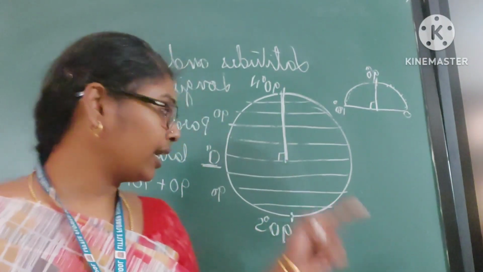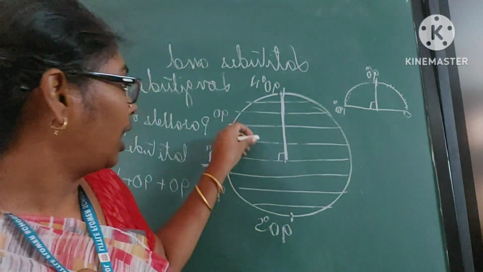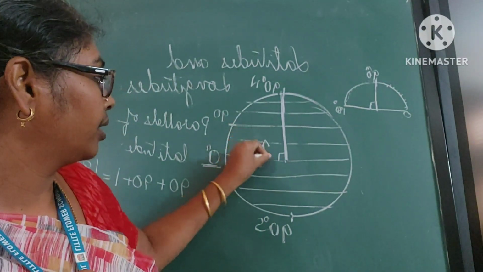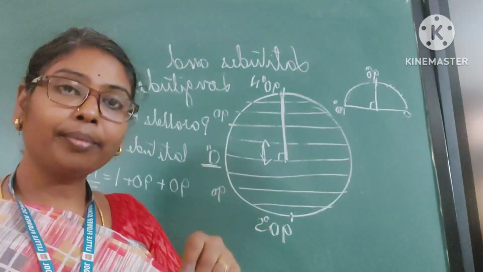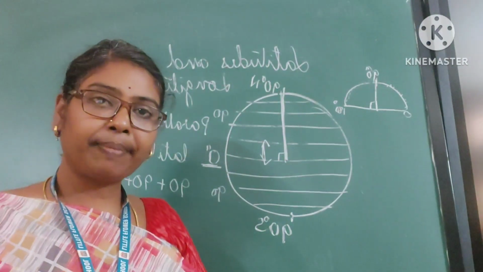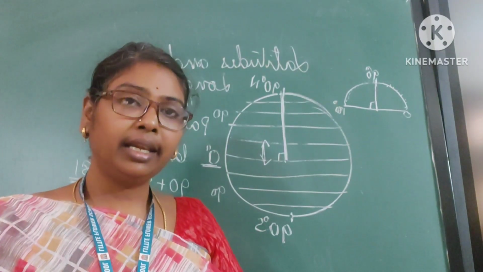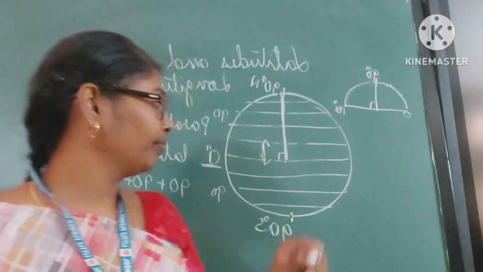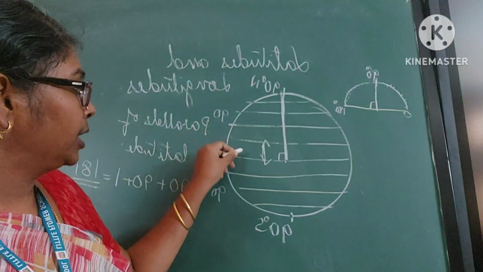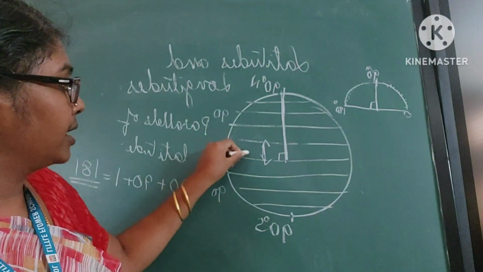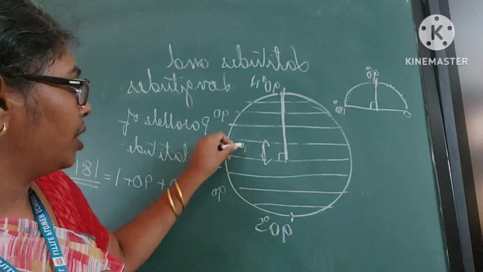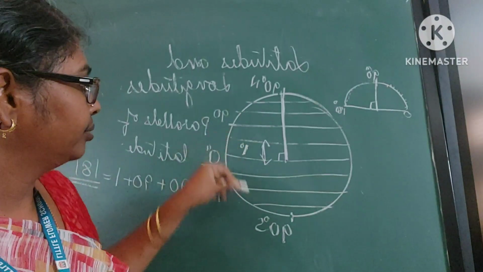And all these parallels of latitude are equidistant from each other. Right? And each parallel of latitude is at a distance of 1 degree.